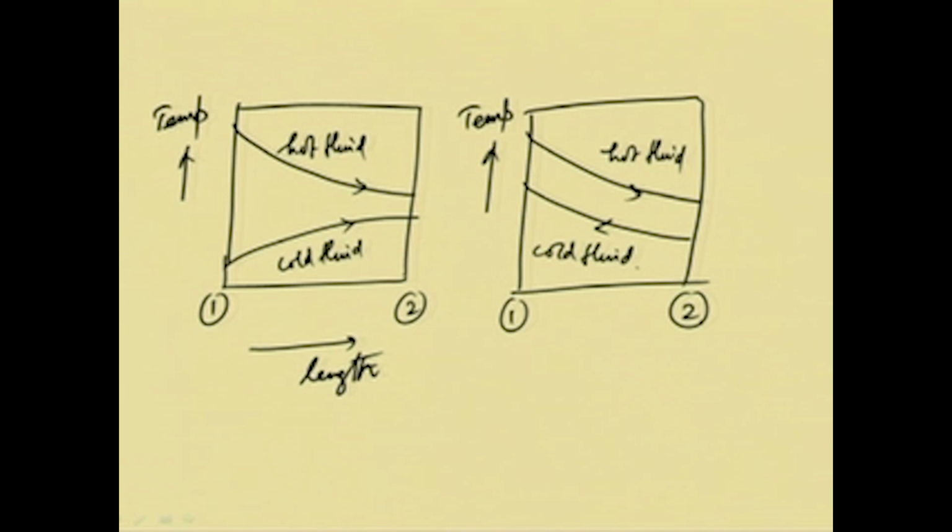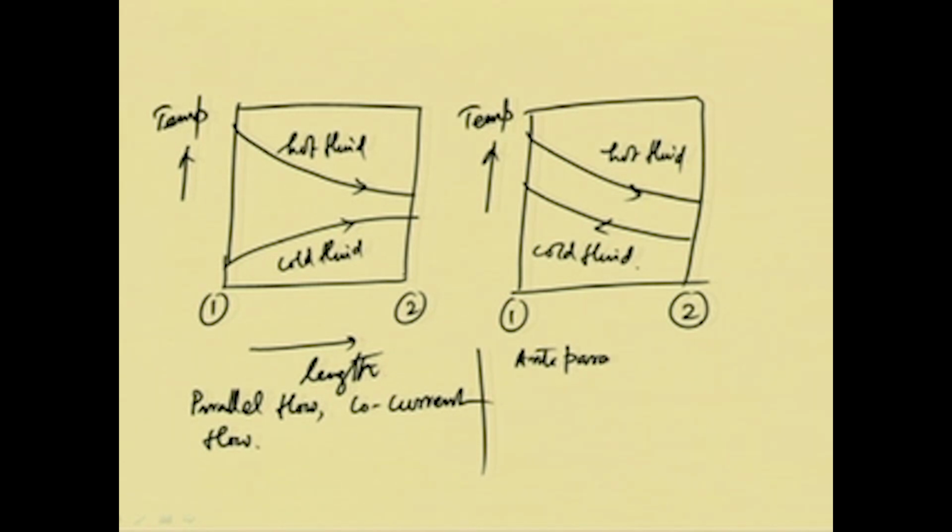So this is the case for parallel flow, also called co-current flow, and in this case it is called anti-parallel flow, counter current flow, also called counter flow.